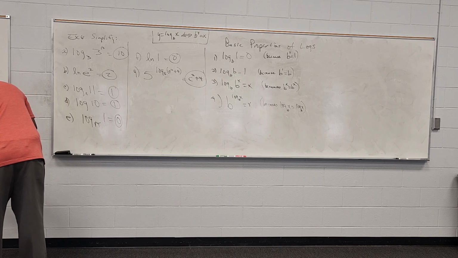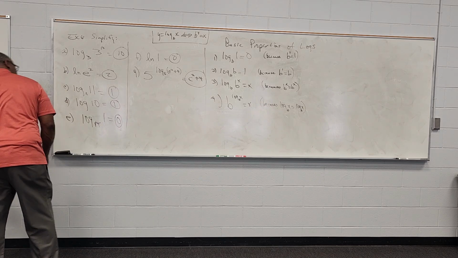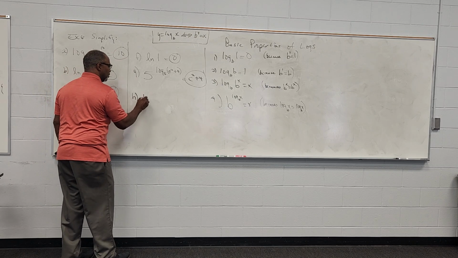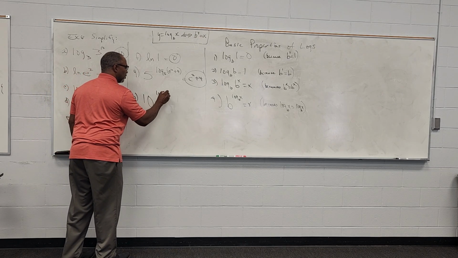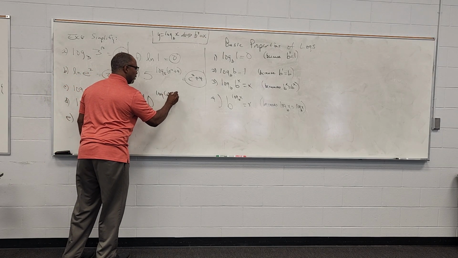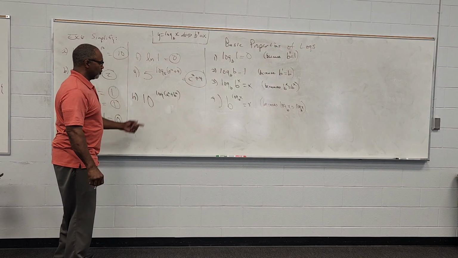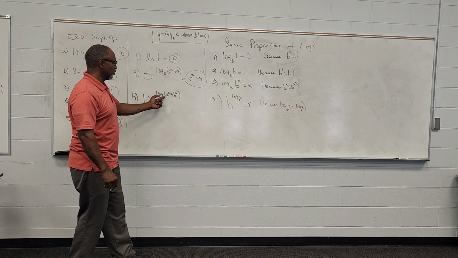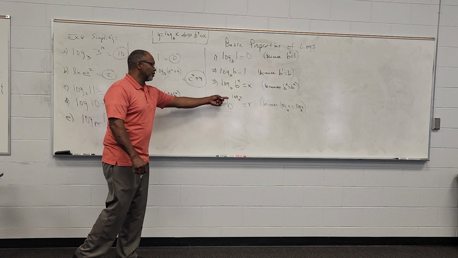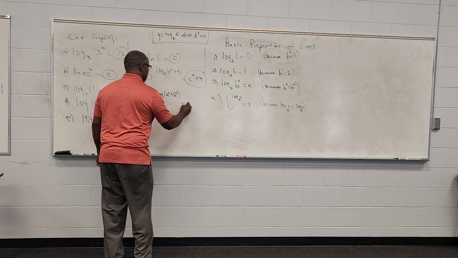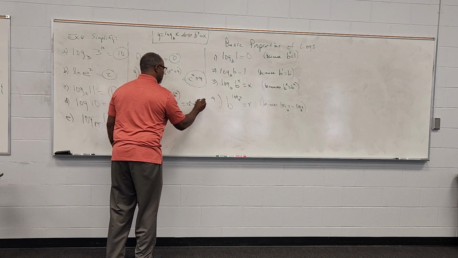And finally, 10 to the log of a squared plus b squared. Well, a base raised to the log base of something, still that property gives x. So I'll get a squared plus b squared.